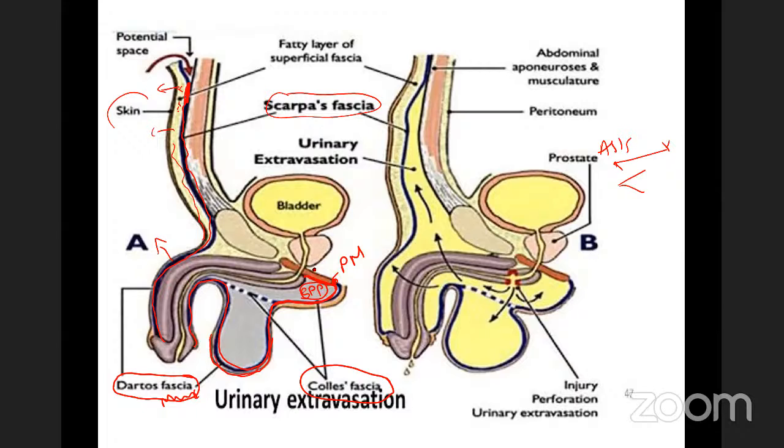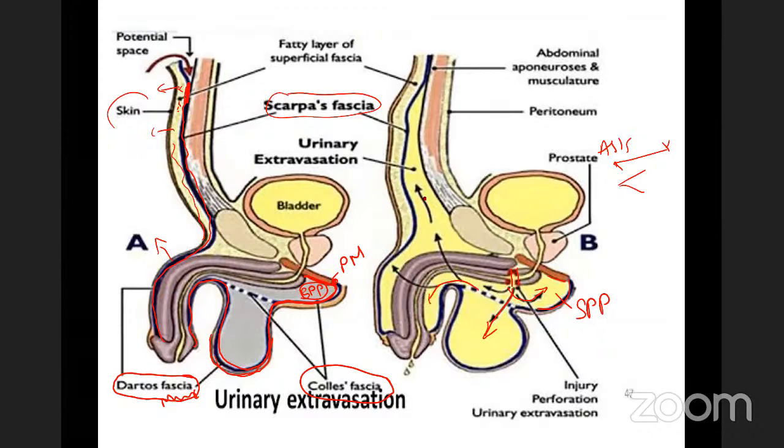Now, the importance of this is, if there is any rupture of the urethra, extravasation of urine collects in which pouch? This is the superficial perineal pouch, in between the perineal membrane and the Colles fascia. And this urine will enter into the scrotum. It will pass into the penis.